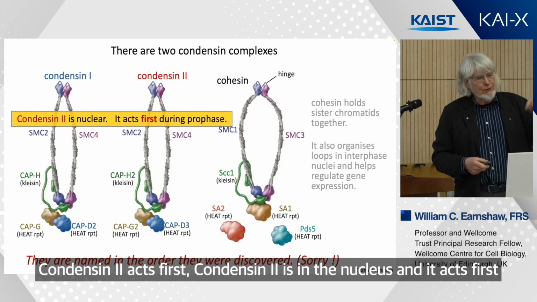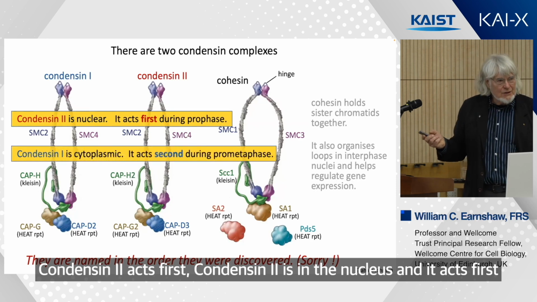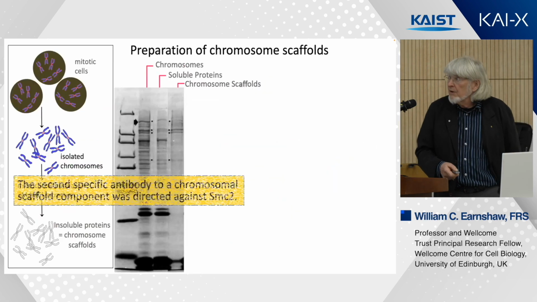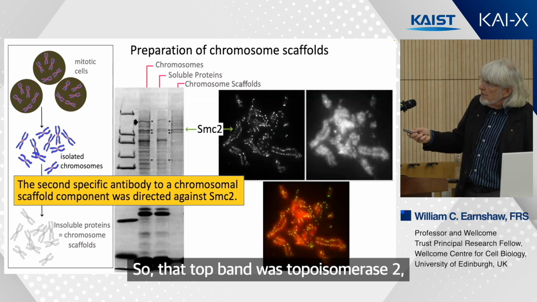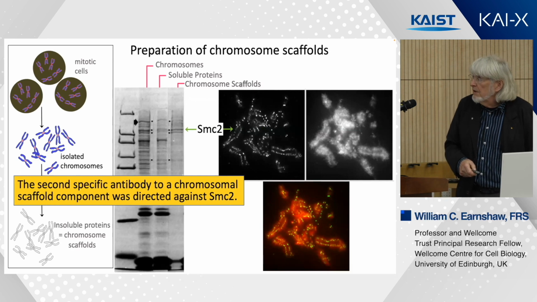Condensin 2 is in the nucleus, and it acts first. Condensin 1 is in the cytoplasm, and it acts second. All right, so that top band was topoisomerase 2. That band turned out to be a protein called SMC2.